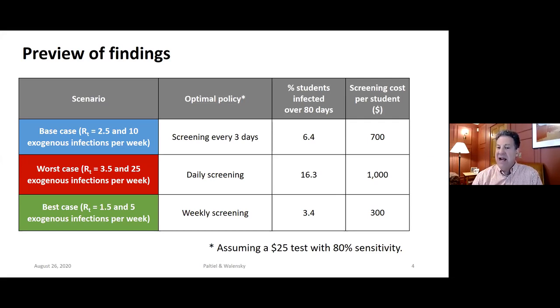It would nevertheless result in a higher percentage of students being infected over the 80 days, 16.3%, at a cost of $1,000 per student. And if the planets aligned and the best case were to prevail, weekly screening would be sufficient, resulting in 3.4% of students being infected over 80 days at a cost of $300 per student.